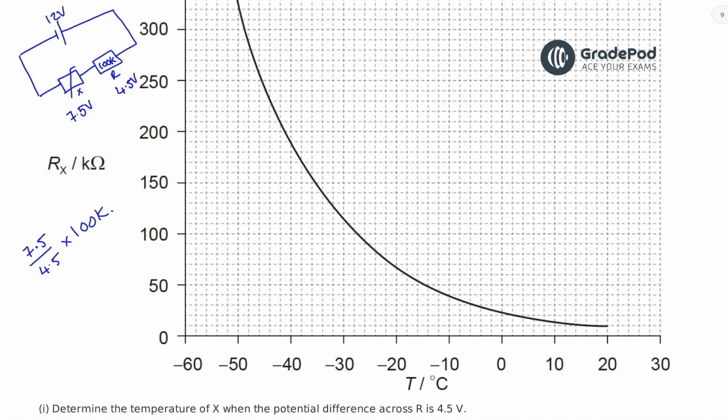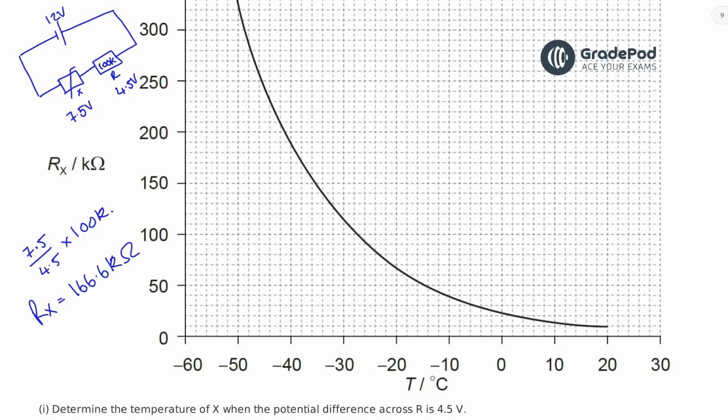The resistance of the thermistor at that point must be that ratio bigger. So let's just work that out. The resistance of X is equal to 166.6 kiloohms.